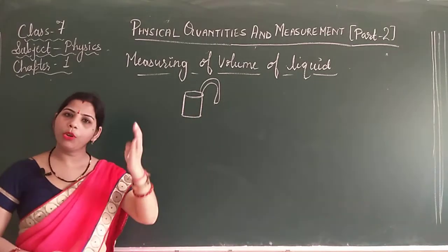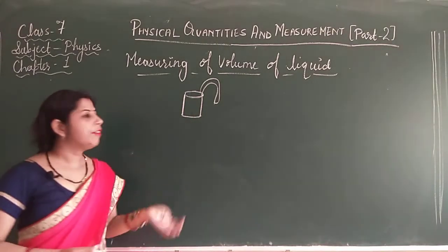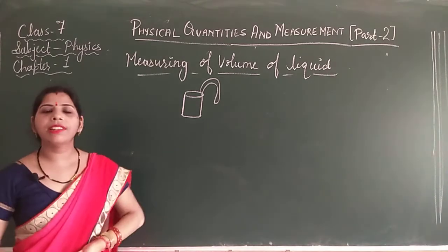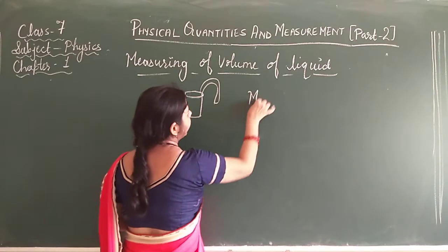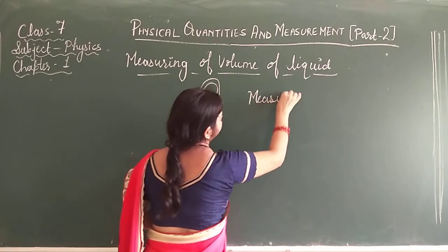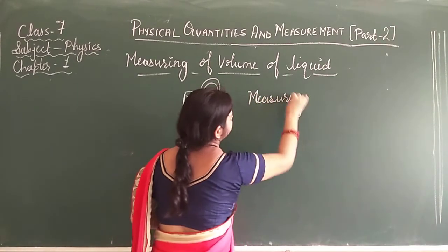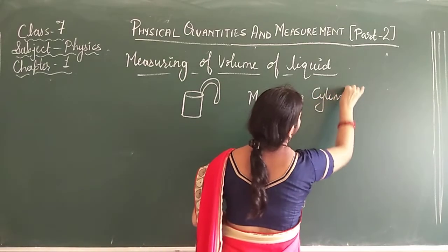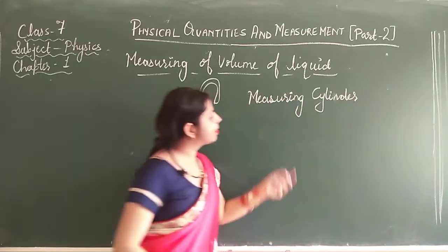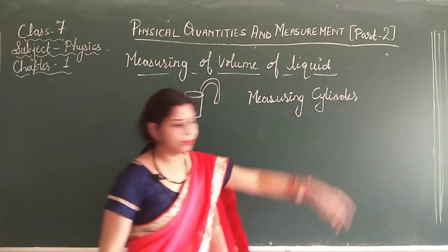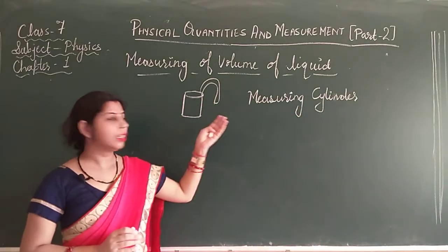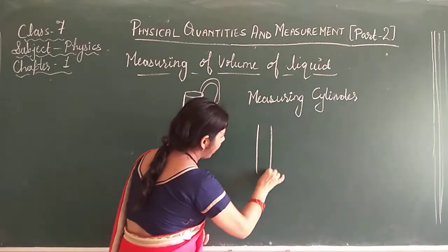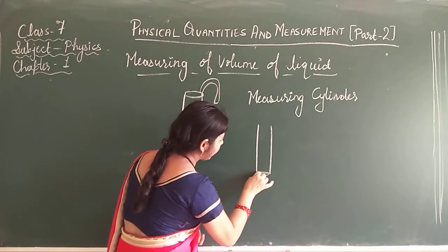In the ration shop you are also observing. But if we discuss the laboratory, in the laboratory the liquids can be measured by the measuring cylinder. The measuring cylinder is made of glass as well as plastic, and the shape of the measuring cylinder is like this.